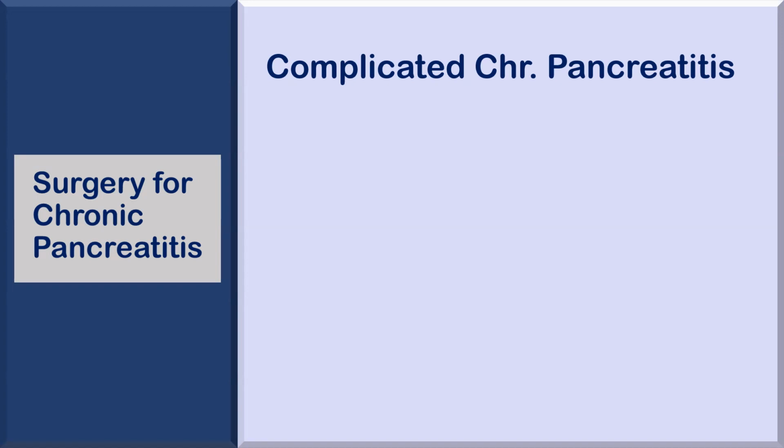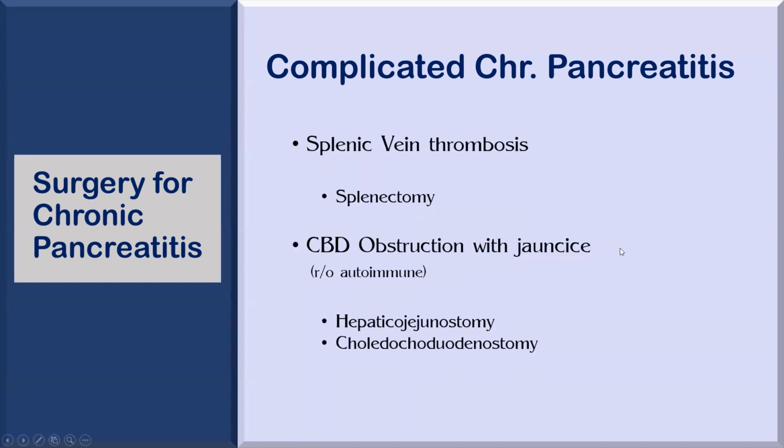Colon can get stricture, duodenum, bile duct, and the inflammatory process can do something to the blood vessels. What can happen? Thrombosis, sir. Yeah, thrombosis. Aneurysms, pseudoaneurysms and thrombosis.